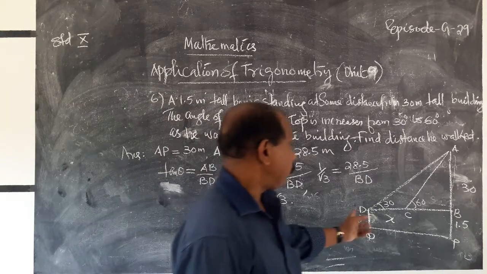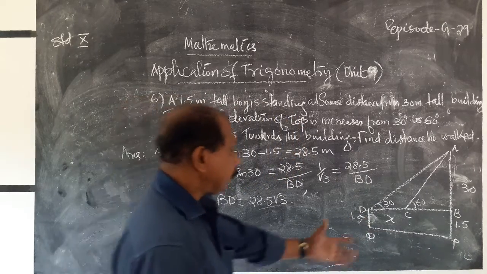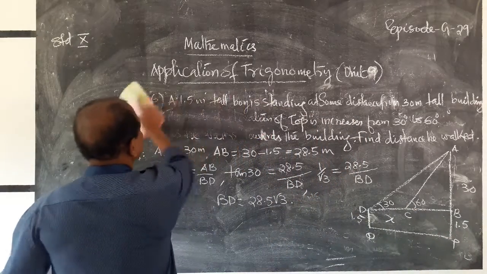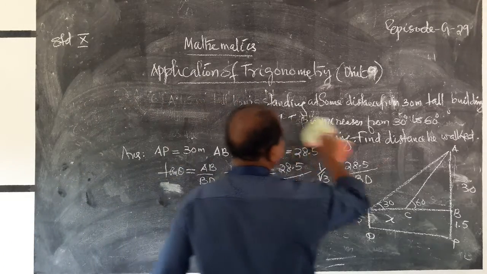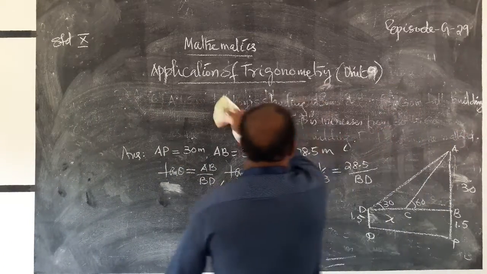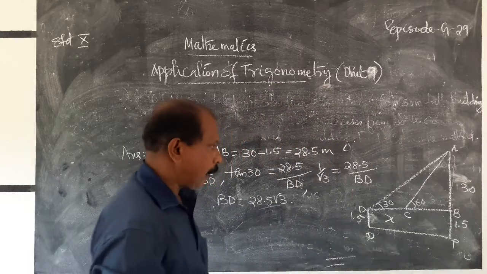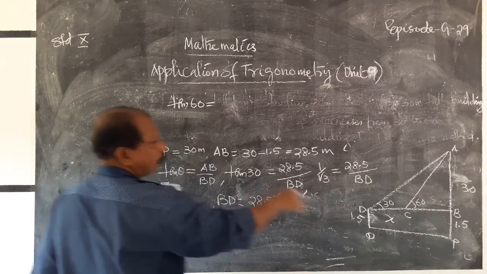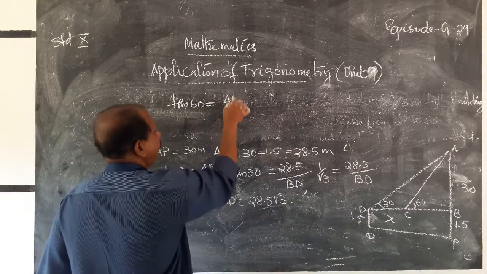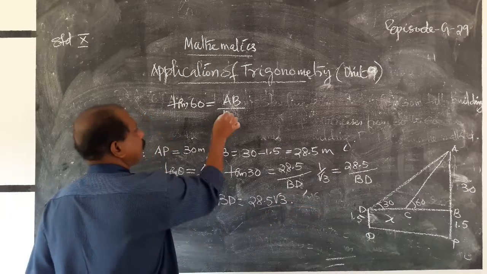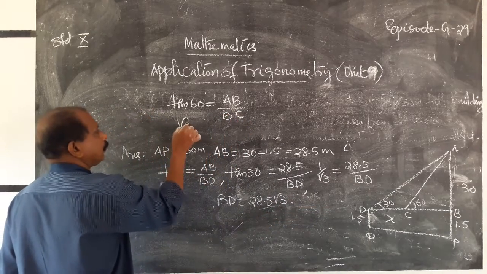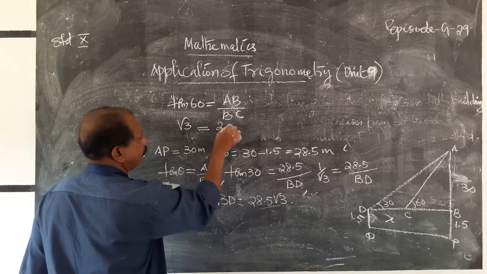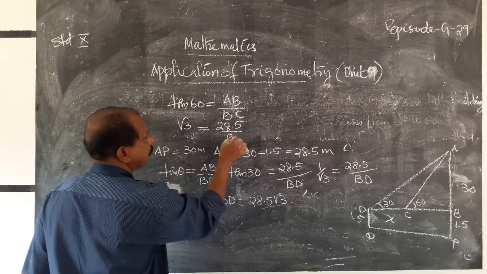That is BD. Then using the second triangle, tan 60 is equal to opposite side AB by adjacent side BC. Tan 60 is root 3, is equal to AB, which is 28.5 by BC.